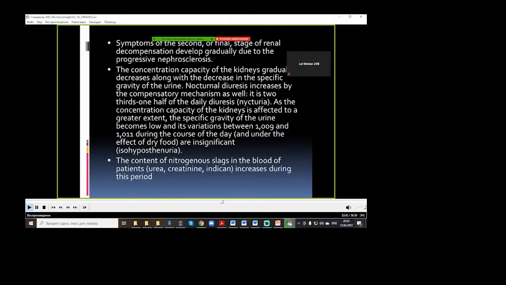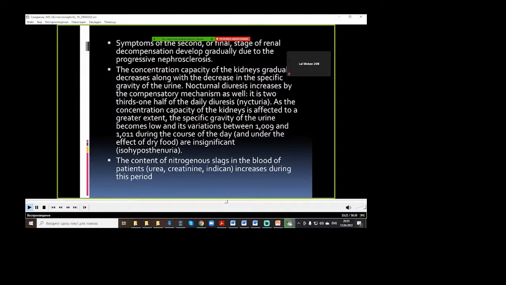As the concentration capacity of the kidneys is affected to a great extent, the specific gravity of urine becomes low, and its variations between 1009 and 1011 during the course of the day and under the effect of dry food are insignificant. This symptom, low specific gravity with low variations during the day, is called hypostenuria.